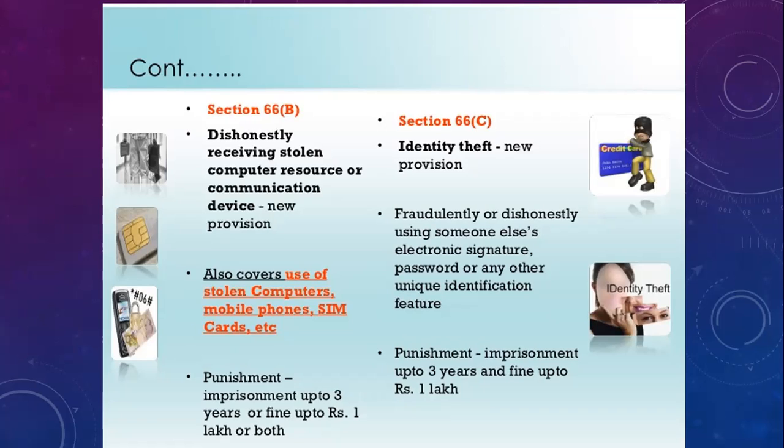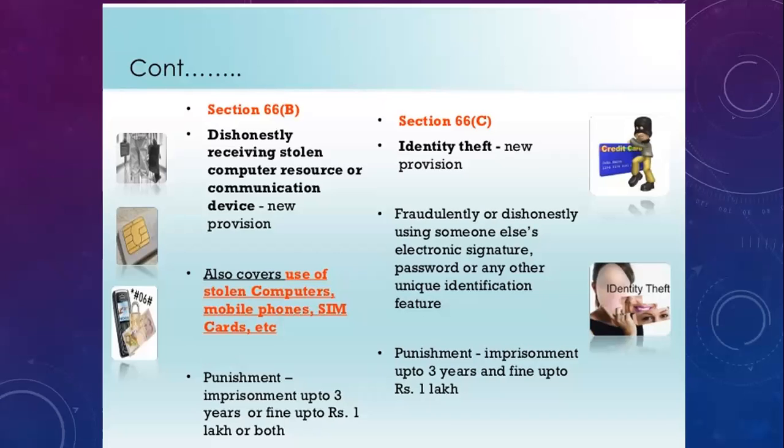Now, next, we are going to see section 66D. I think it's not there in this slide, but I'll just say what section 66D is. Section 66D was also introduced in the IT Act 2008. It is used for punishing those who cheat by impersonation using a computer resource.